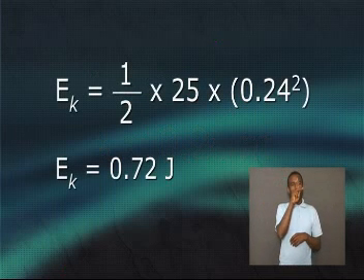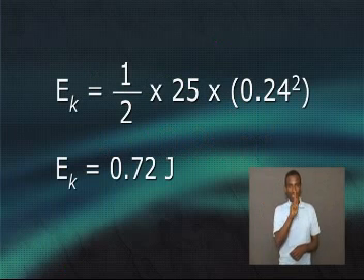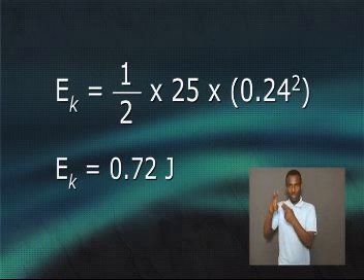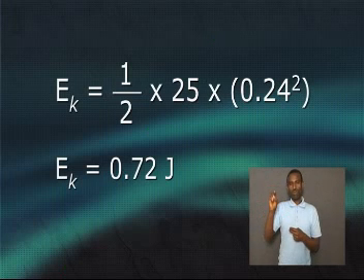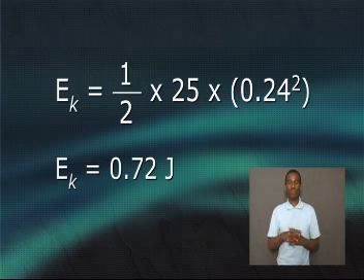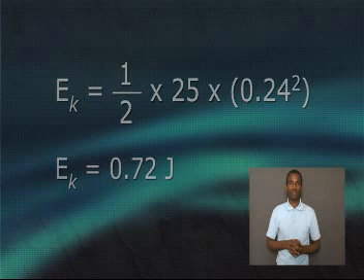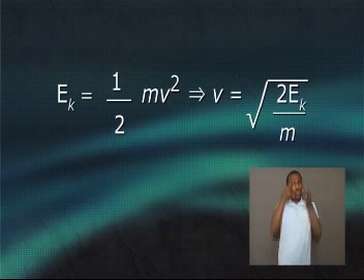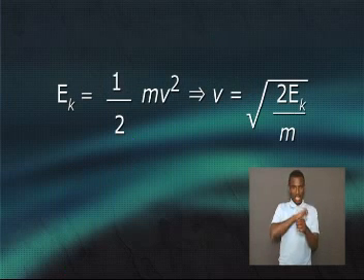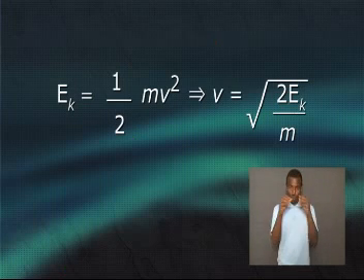Kinetic energy equals 1/2 the product of 25 N/m times 0.24 meter squared. The answer is 0.72 joules. To determine the velocity, we use the equation for kinetic energy and rearrange it to solve for v.